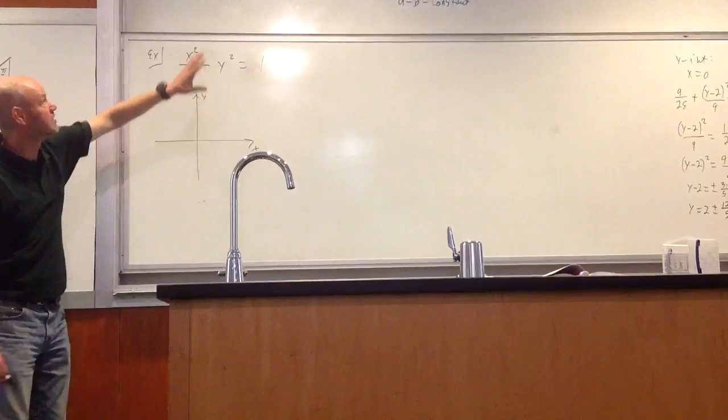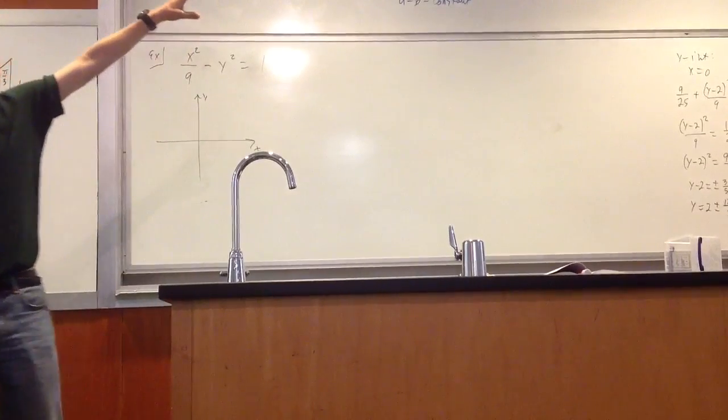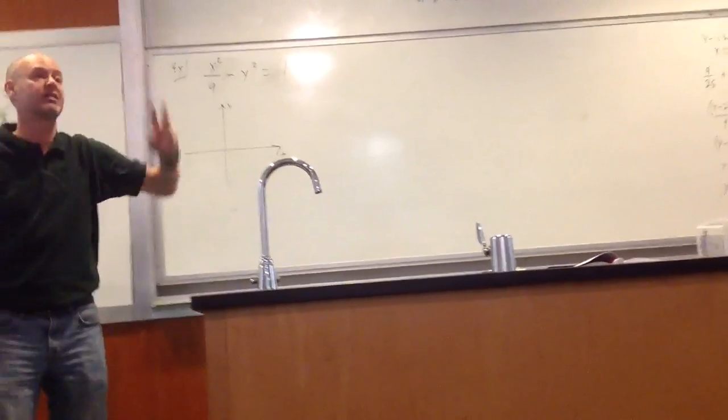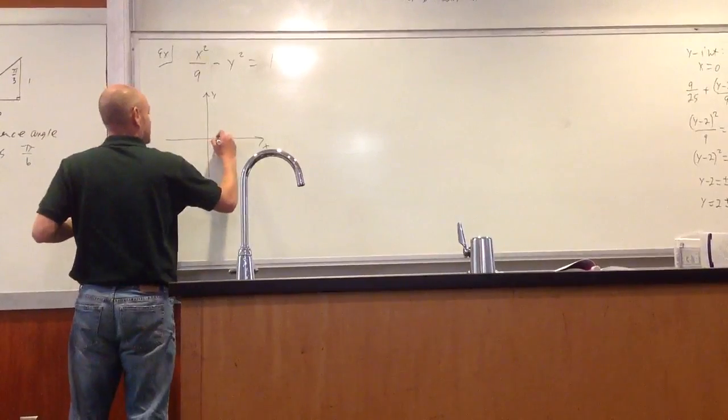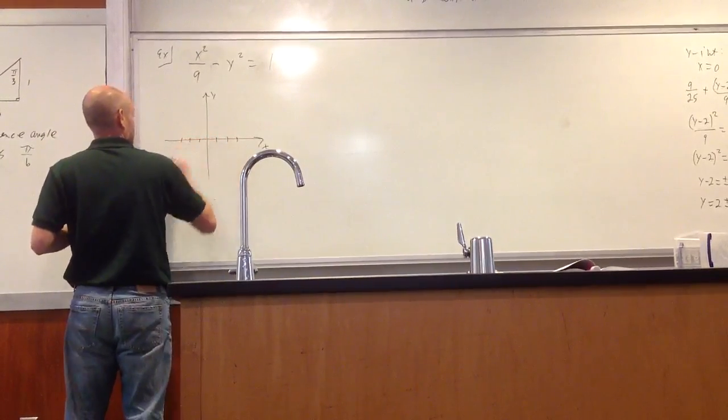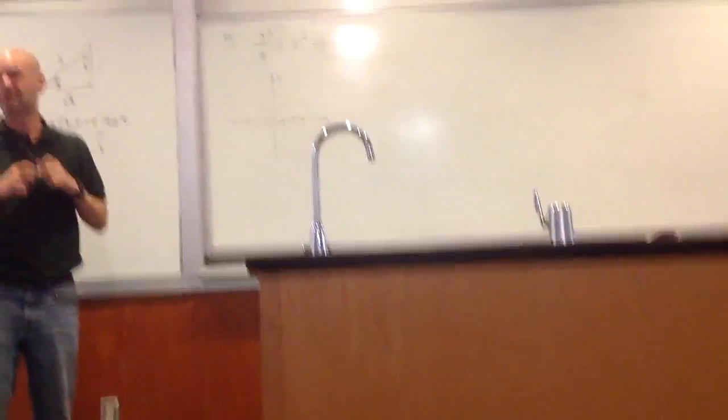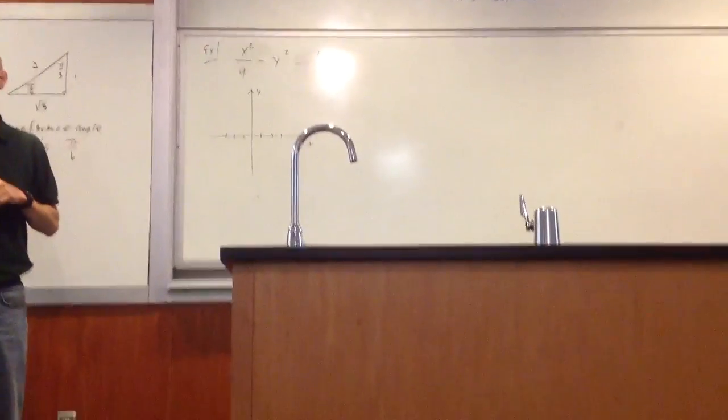What is a in this case relative to our definition? It's 3, right? I'm going to go a distance in the x direction of 3. In the y direction, how far up and down do I go? 1.